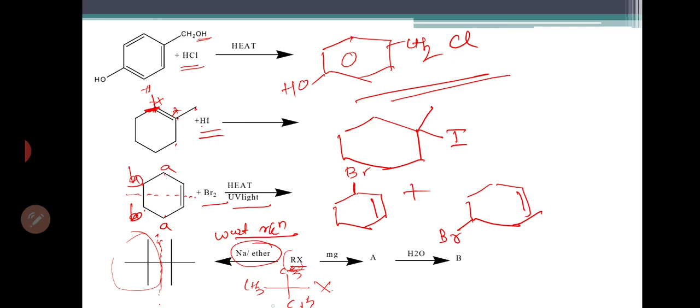So when you react your halide with magnesium, what you are going to get? Yes, Grignard reagent, right? In the Grignard reagent there is the alkyl group and the halogen, with Mg in between, then X. And when you react it with water, we have already seen that even a trace amount of moisture decomposes your Grignard reagent and gives the corresponding alkane. To give that, hydrogen will come in place of your MgX.